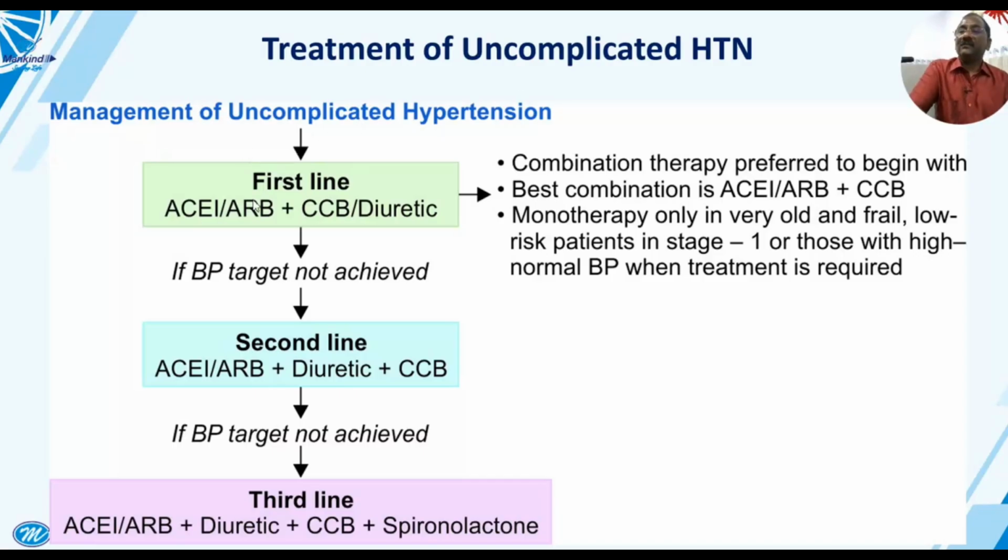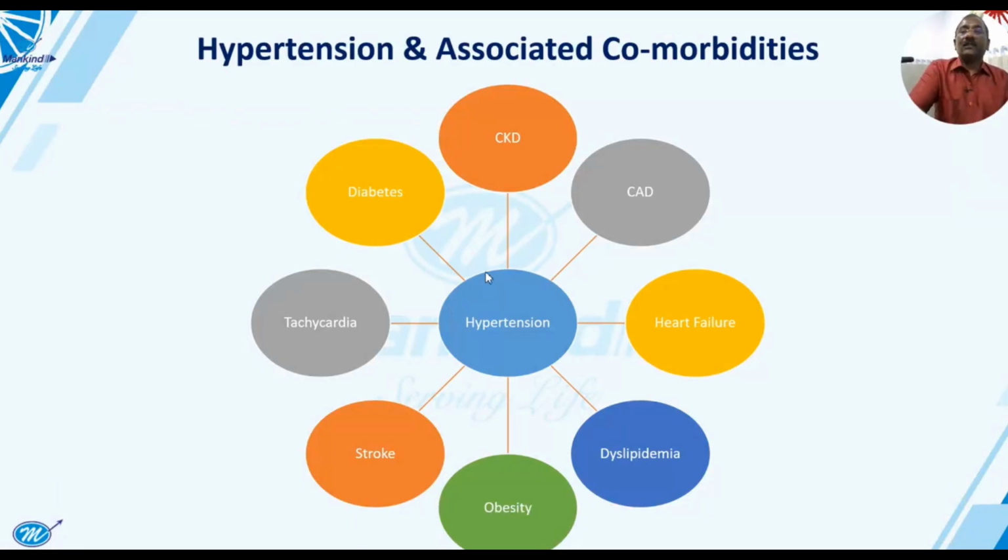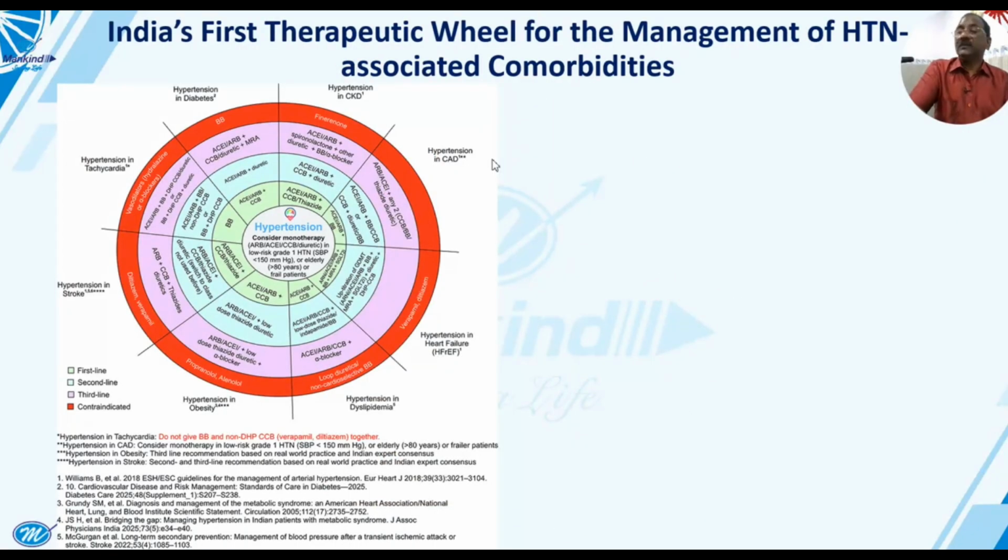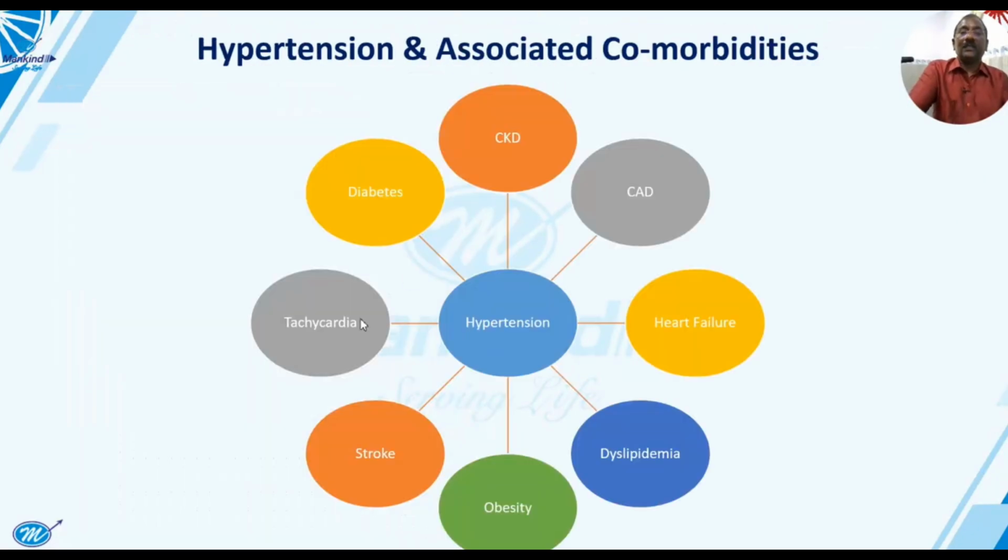So first line is ARB, either CCB or the diuretic, then all the three, then you can add the third drug. So this is the one. So these are the comorbidities. See hypertension with CKD, with CAD, with heart failure, with dyslipidemia, with obesity, with stroke, with tachycardia, with diabetes.